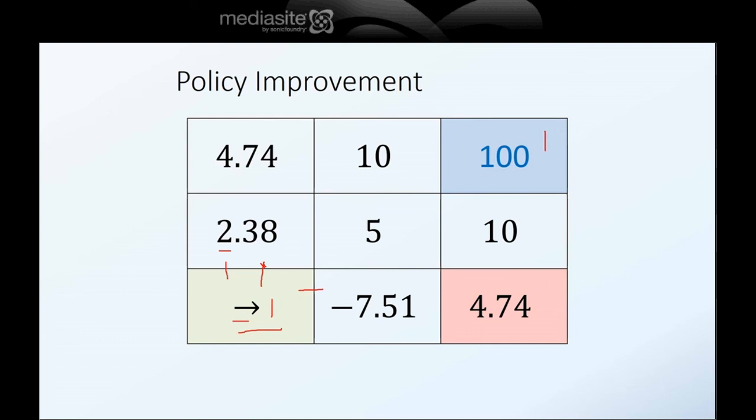Likewise, from 2.38, we can either move up or we can move right, but if we move right, then we have a higher value of the next state, which is 5 as opposed to 4.74, and so on. And so this gives us the optimal actions for each state, and that's the optimal policy.